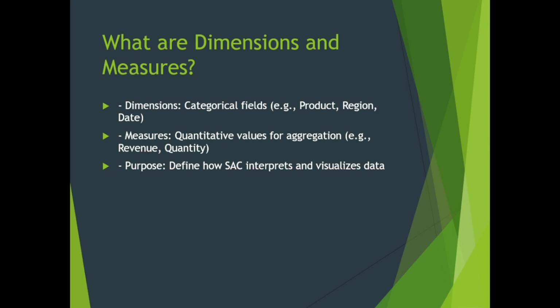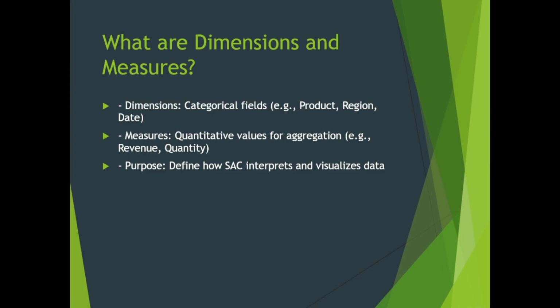It means that the figures or the numeric values in every database or any records are the measures of this entity, and the dimensions are like product, region, and in case of sales, there are also the customers, customer group, customer category, and so on. These are the categorical fields which describe the data very well.